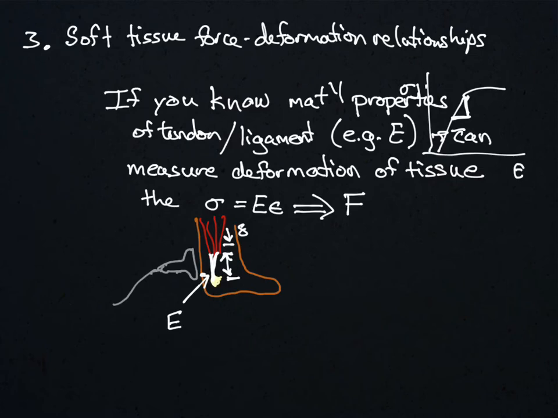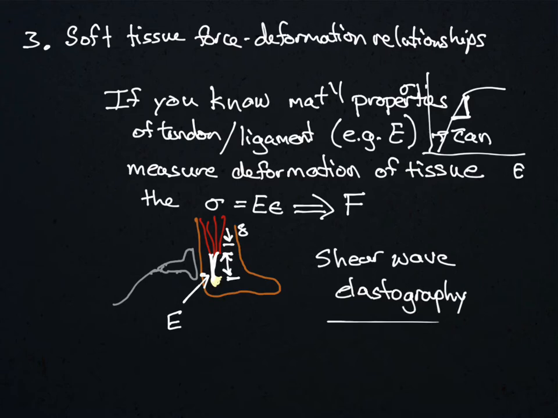It's really cool stuff. Shear wave elastography, and then tracking using ultrasound to measure the properties of the tendon. So if you want a cool article aside to go investigate, check out shear wave elastography and tendons.